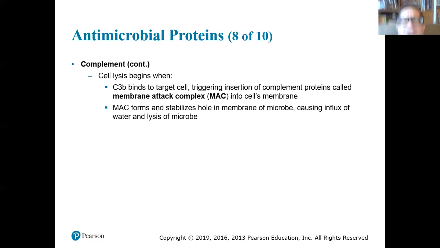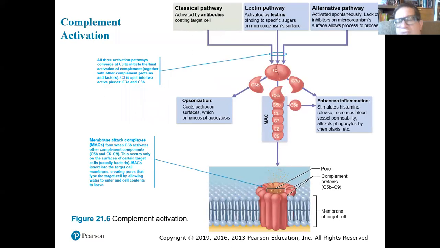When the C3 binds to the target cell, it's going to cause a membrane attack complex to form. It says the membrane attack complex forms, stabilizes a hole in the microbe, causing an influx of water, which lyses the microbe. A picture's worth 1,000 words here. You have a bunch of these little C3s that come together, and you have a C3 with a C5b, C6, C7, C8, C9.